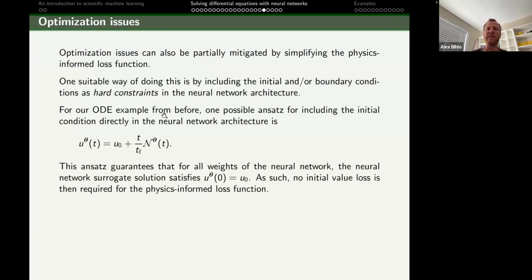So for our ODE example from before, rather than just say that our solution is a neural network interpolant, let's say our candidate solution should be structured as my initial condition plus (t divided by t final) times my neural network, which is being learned. And this is nice because as you plug in t equals t0, no matter what the weights of the neural network are, this goes to 0 anyway. And you're left with it, even before you train your neural network, the initial condition is satisfied.